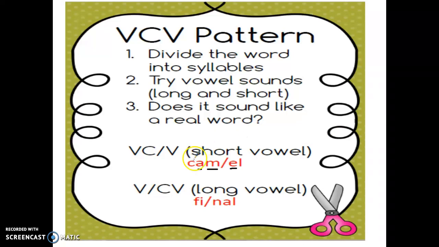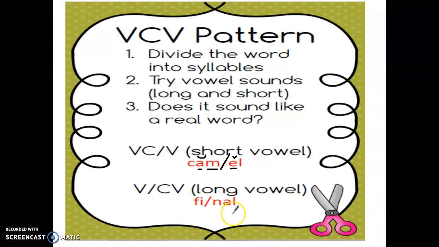So we call that the vowel consonant, but there's my syllable break, and then the next syllable starts with another vowel. So when you can break the word apart like camel, we know that the vowel in the first syllable will make its short sound, a. We hear that in camel, camel.